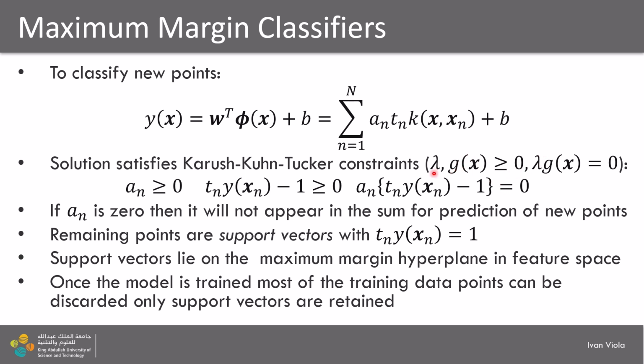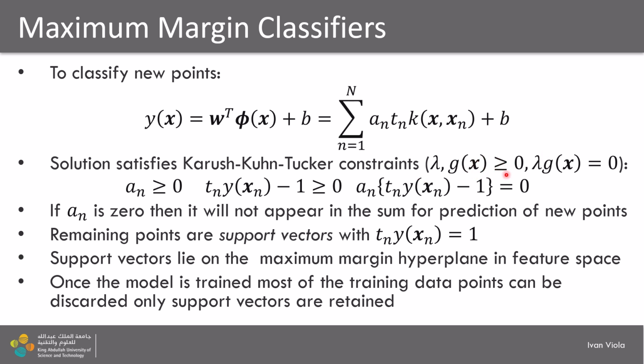So the lambda is bigger than or equal to 0, and the g(x) function is also bigger than or equal to 0, and then the product of these two is actually equal to 0.